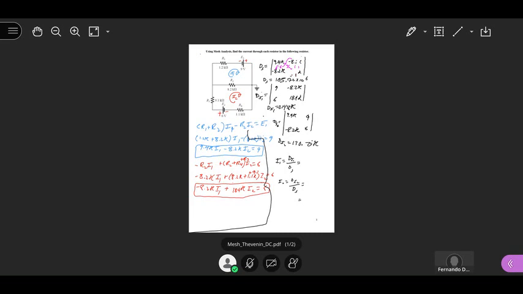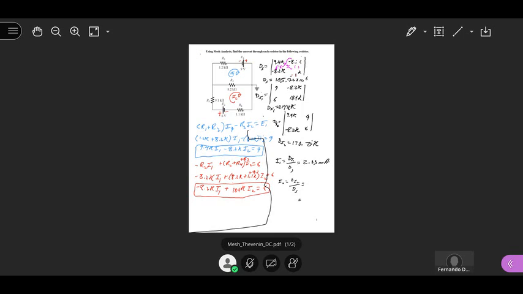Which is equal to 214.8 times 10 to the 3 over 105.72 times 10 to the 6. This is equal to 2.03 milliamps, right?